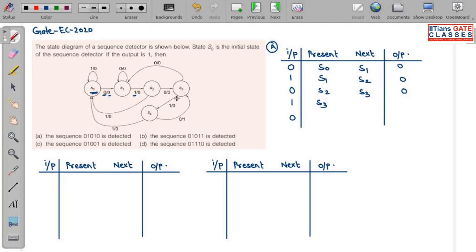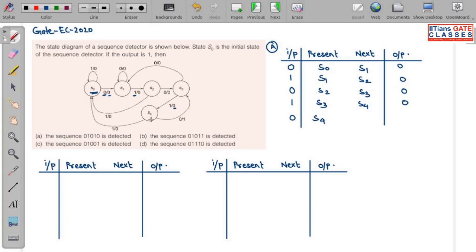If your input is 1, you will be moving to S4, and your output is 0. Now your present state is S4, and your input is 0.